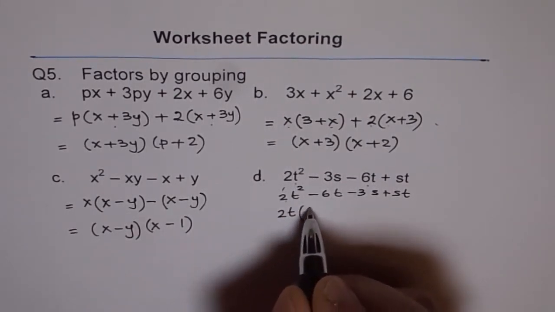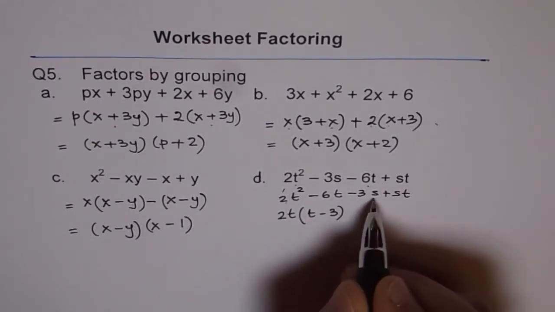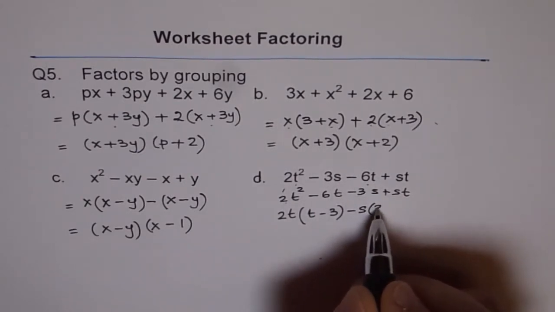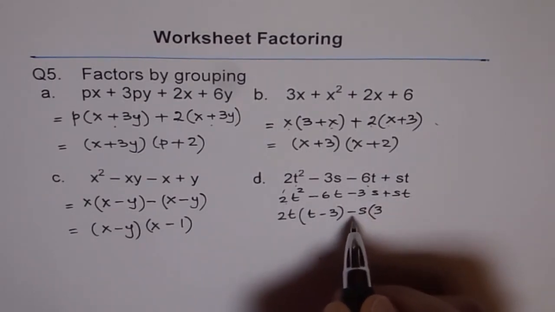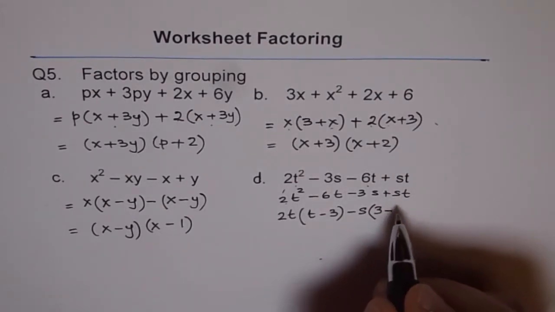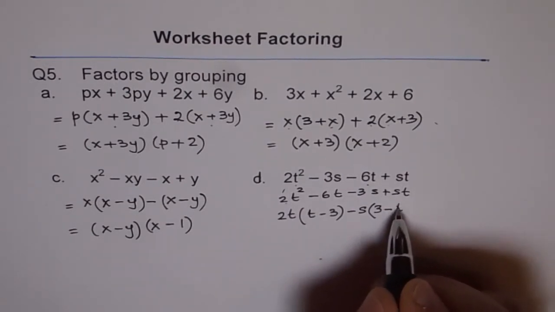So we can write this as 2t(t − 3), and here we have −s common. Minus s, we are left with 3. And because we have taken minus common, this sign will change to minus. And from st, s is already factored out, so we're left with t.